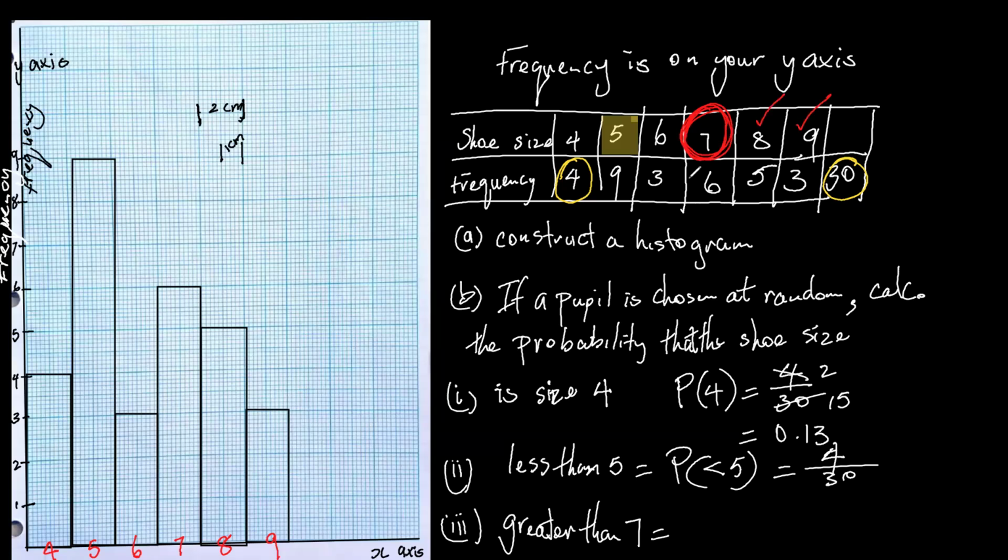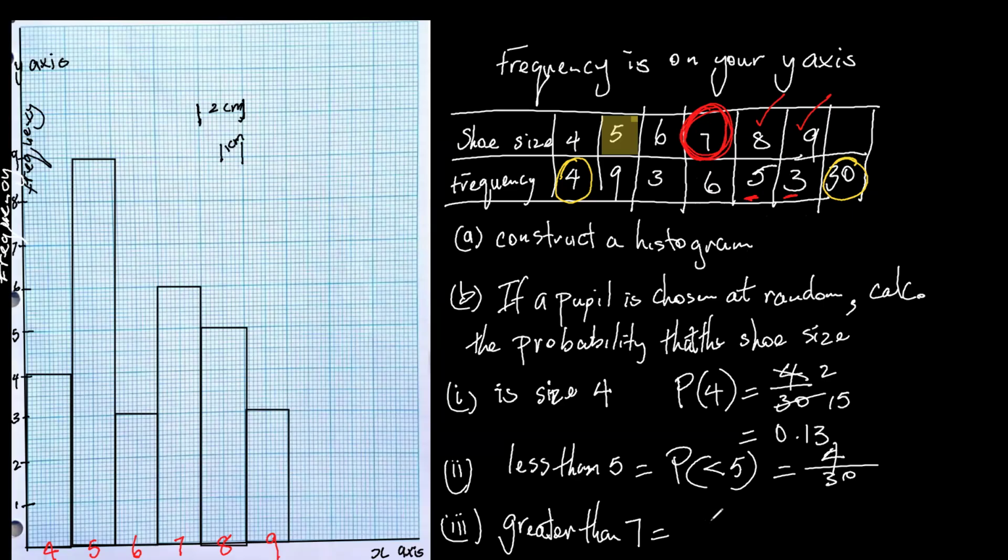9 is greater than 7. So what was the frequency for 8? It's 5, right? Yes, sir. What's the frequency for 9? It's 3.